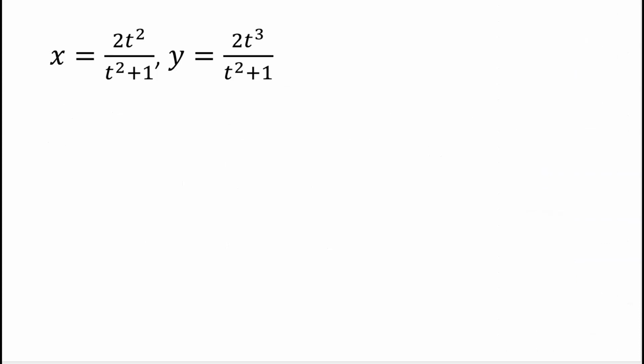Now, the second part of the question says rewrite this in Cartesian form, which means you get rid of the t's and you just write y in terms of x.